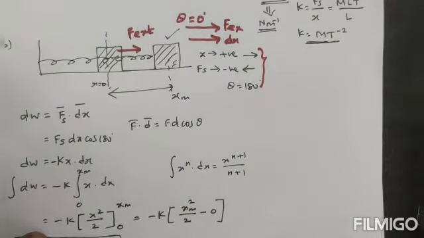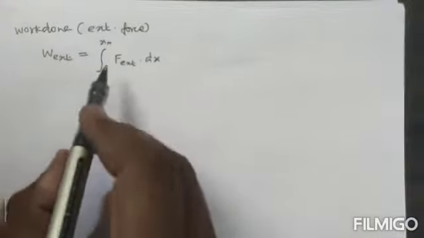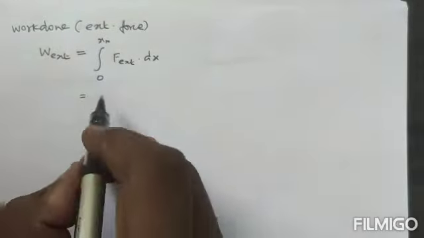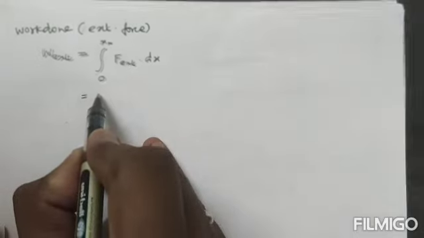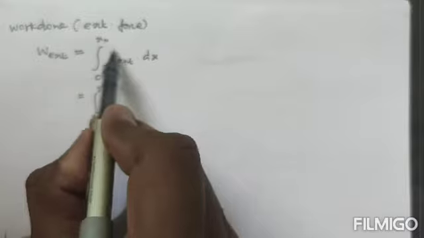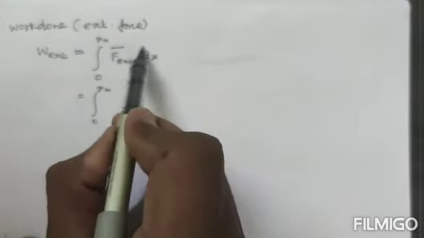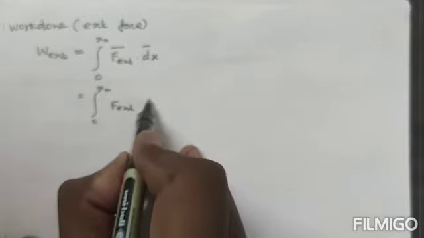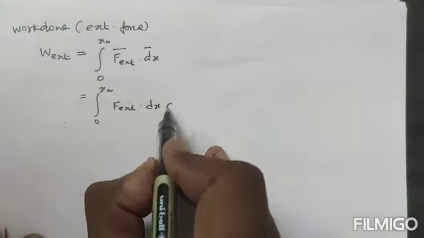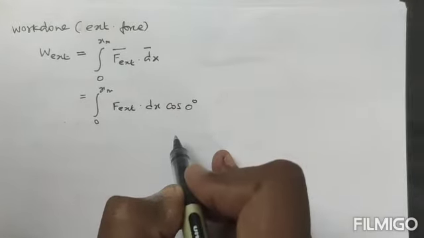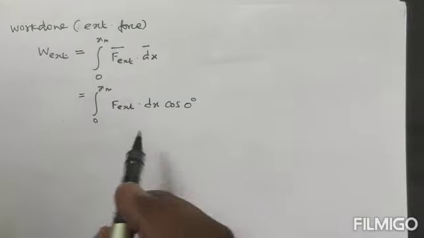So therefore the angle is 0, and we write 0 to xm. It's an integral form: f external into dx cos theta. Here the angle is 0, and we know that cos 0 is equal to 1.